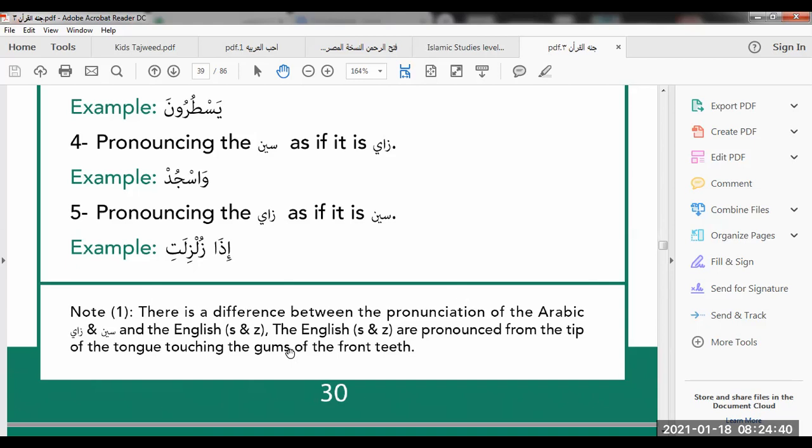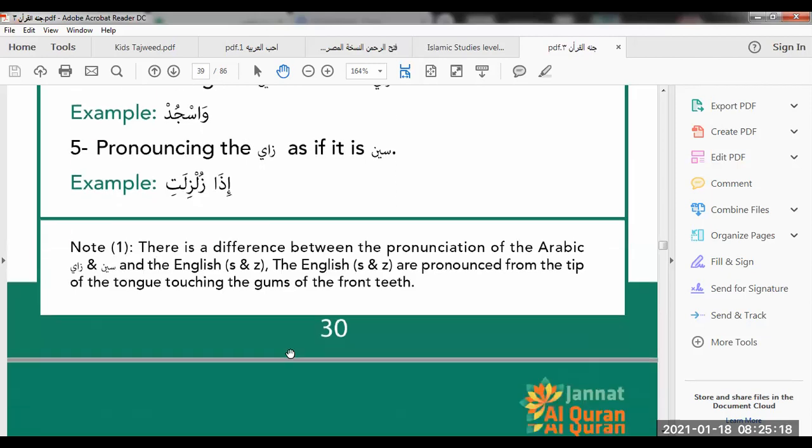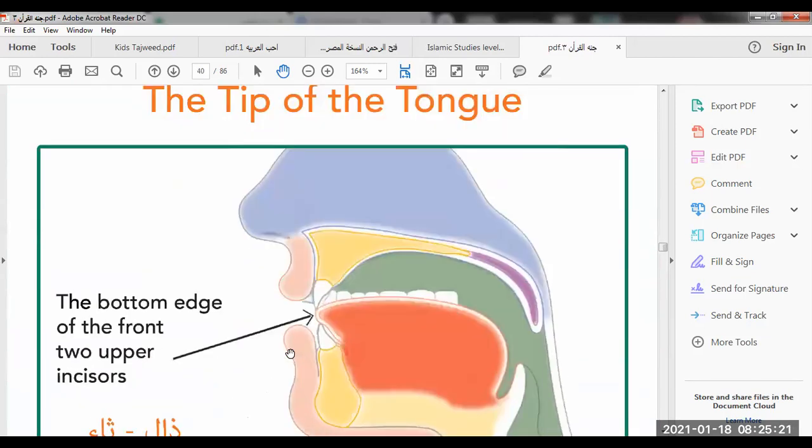When teaching Nuraniya or Nur al Bayan, we give an example from English letters to give the nearest idea, or an easy pronunciation for English speakers. But the sound of the Arabic letters is different from English letters.